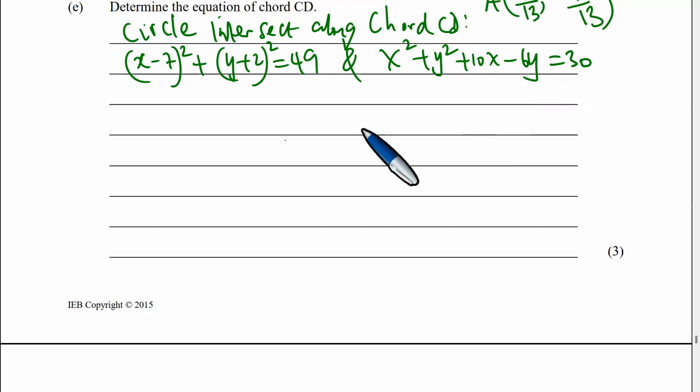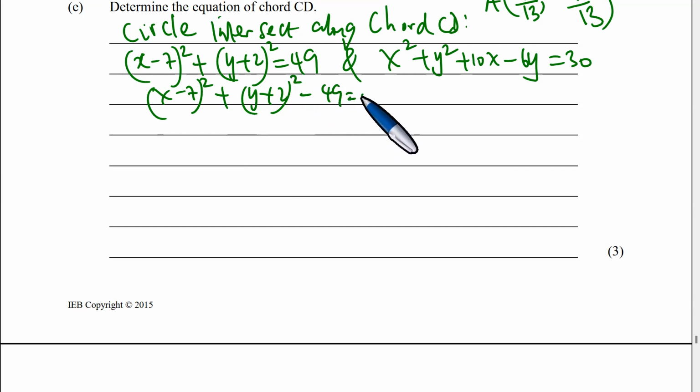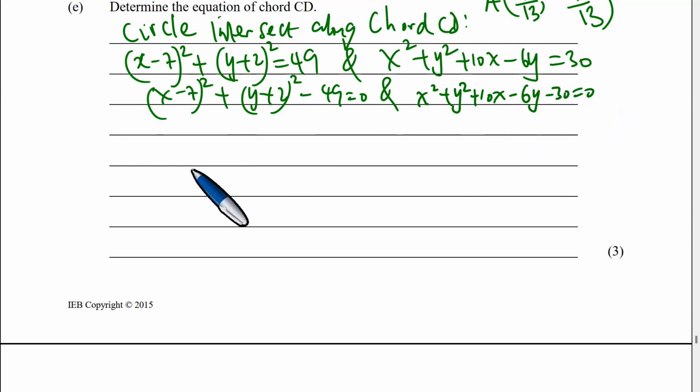So if you equate this, this is x minus 7 squared plus y plus 2 squared minus 49 equals 0, together with x squared plus y squared plus 10x minus 6y minus 30 equals 0.